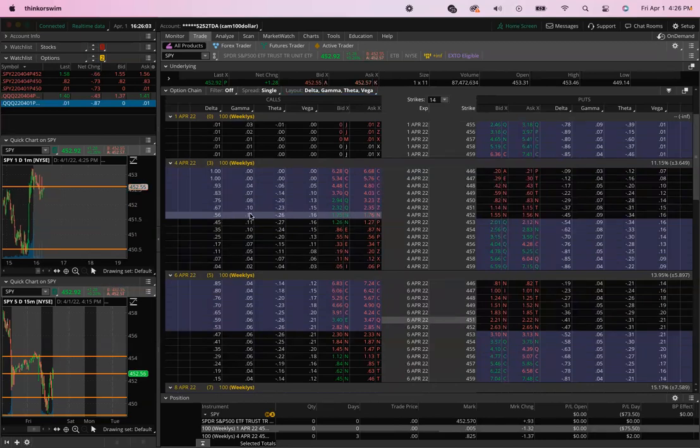But because we have gamma, now that adds another part to the equation, right? After this moves $1 in that direction, gamma has a direct impact on how delta moves. So when it moves to that price, 0.10 is going to be added to the delta.